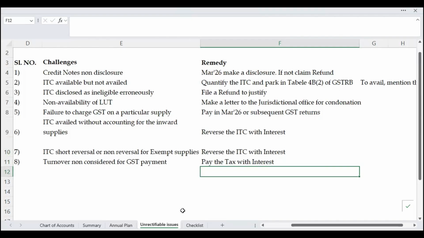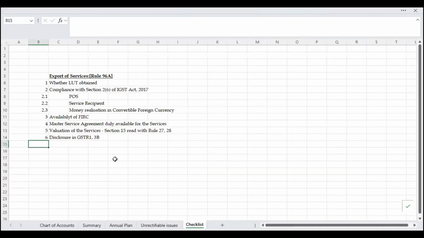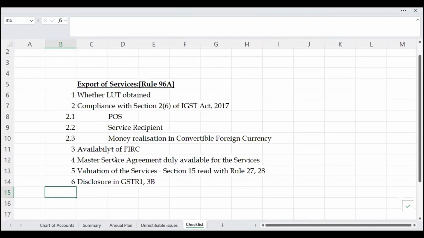And I just gave one checklist over here, for example for exports. When I do exports, do we have a LUT? Whether compliance as per Section 2 of the IGST Act: place of supply should be outside India, service recipient outside India, money received in convertible foreign currency. Evidence for that: I have a FIRC, and a master service agreement for the services export.